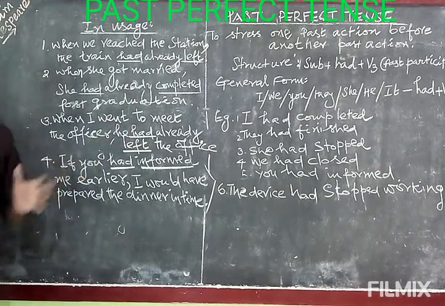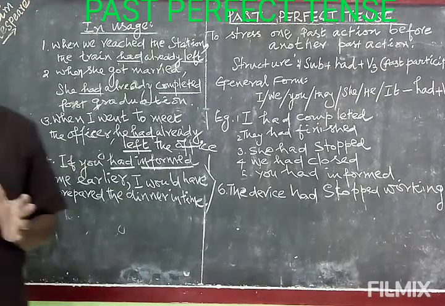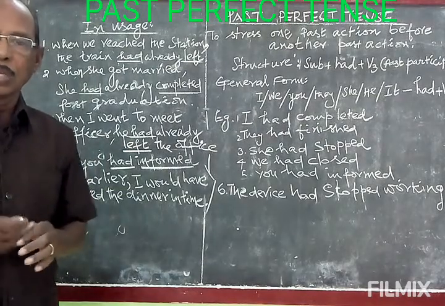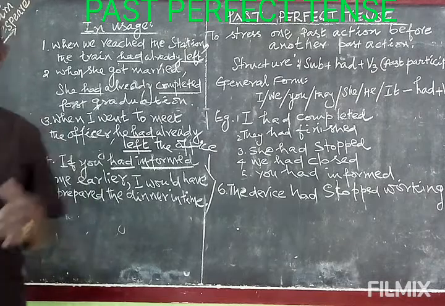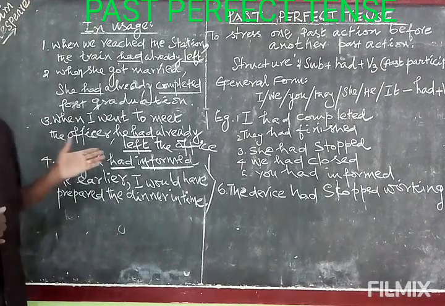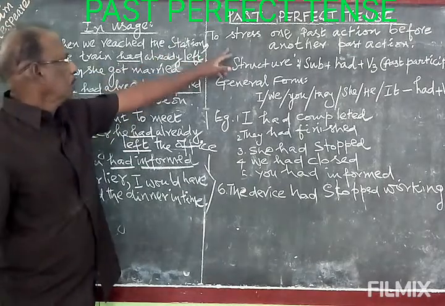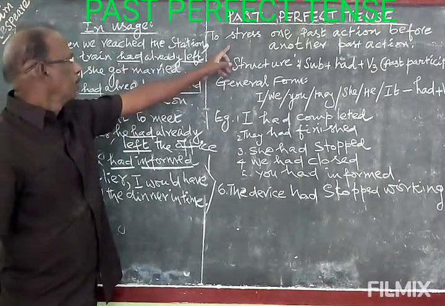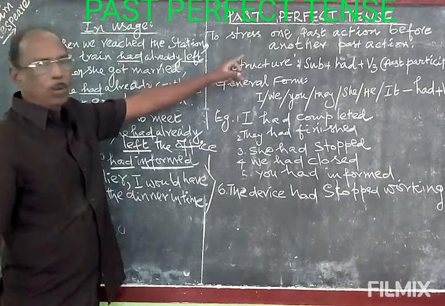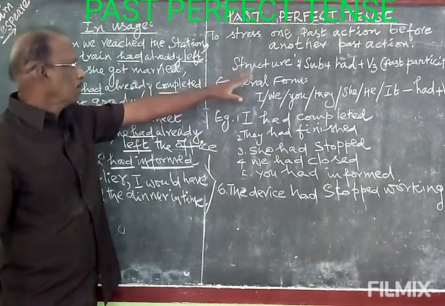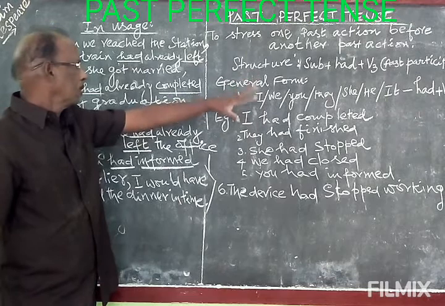So when two past actions happened, to mention the first past action, we normally use this past perfect tense. I am repeating: past perfect tense is used to stress one past action before another past action. Structure: subject plus had plus past participle form.